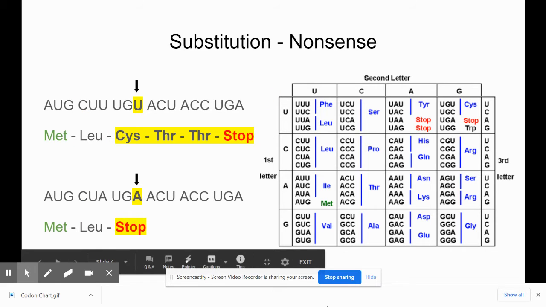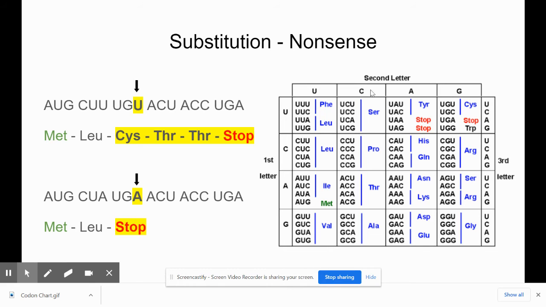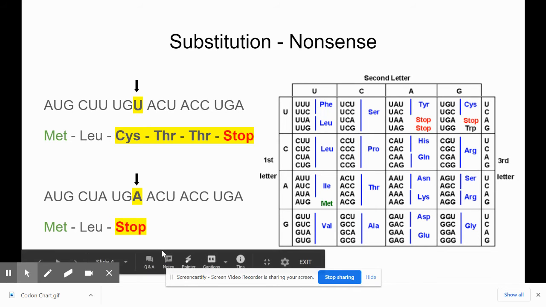The third type of substitution error is what's called a nonsense. That's where the substitution of a base leads to the premature termination of the amino acid sequence.